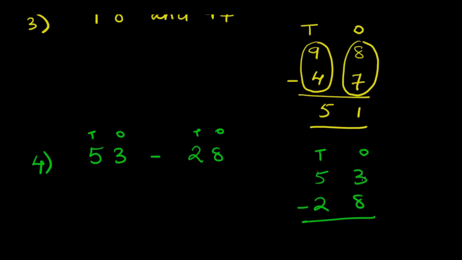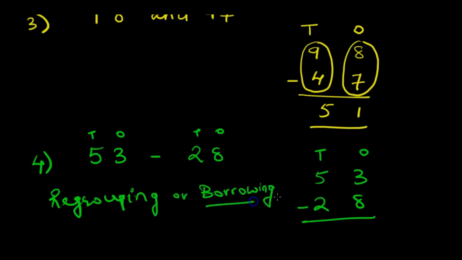If my top number is smaller than the bottom number, what I have to do is I have to regroup. So here I'm going to be using regrouping, or it's also called borrowing in simple language. Why? Because 3 is short of numbers. So 3 is going to borrow from its partner, and the partner is tens place number.